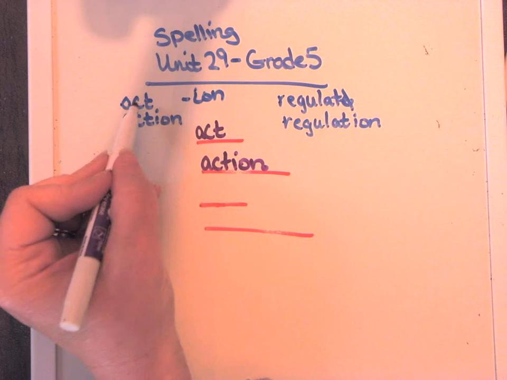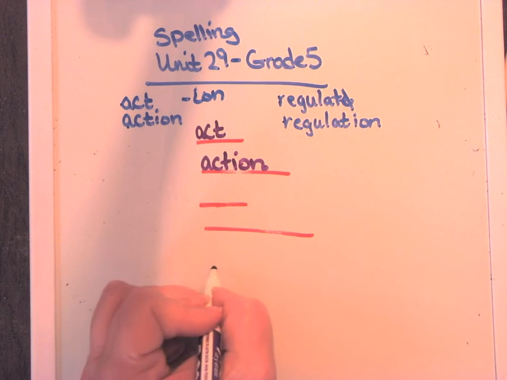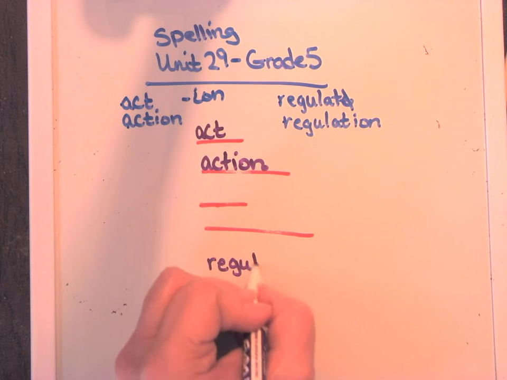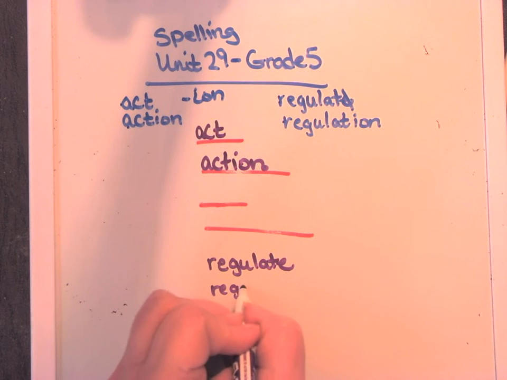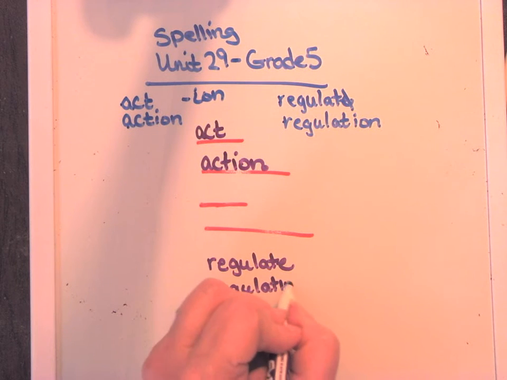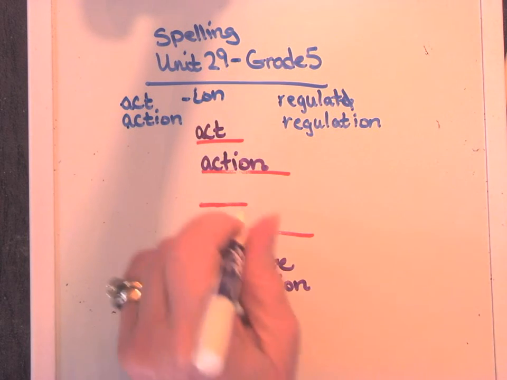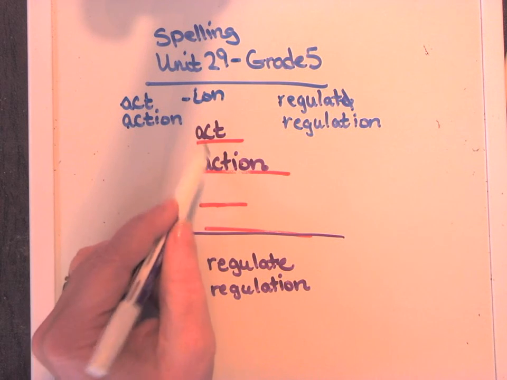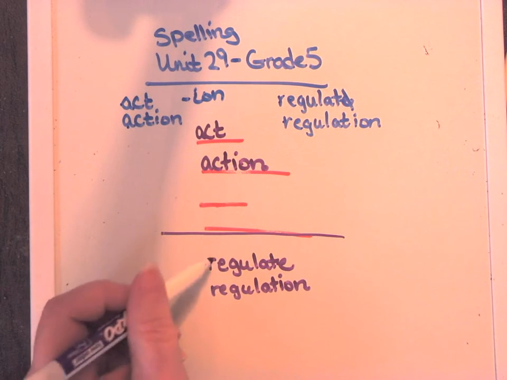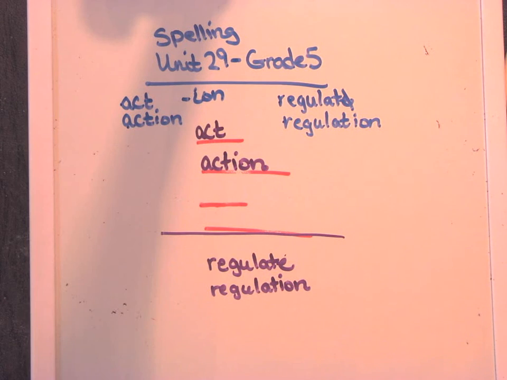On the bottom section where you drop the E, you'd write the word regulate, and then the word regulation. So the top section has words that don't change, you just add the ION. On the bottom section, you would have the drop the E word and then how it looks after you drop the E.